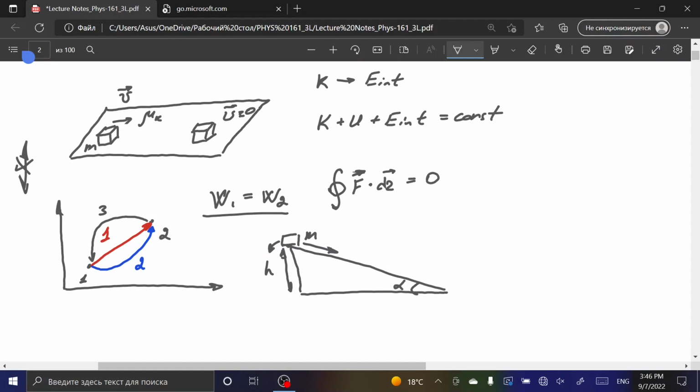It will be mgh. You are right, and it will be independent of the path which we choose, because eventually what matters is the change of height of this block with respect to zero, the ground level. It doesn't matter, it will be zero height after falling from the cliff, or also zero height after sliding from the plane.